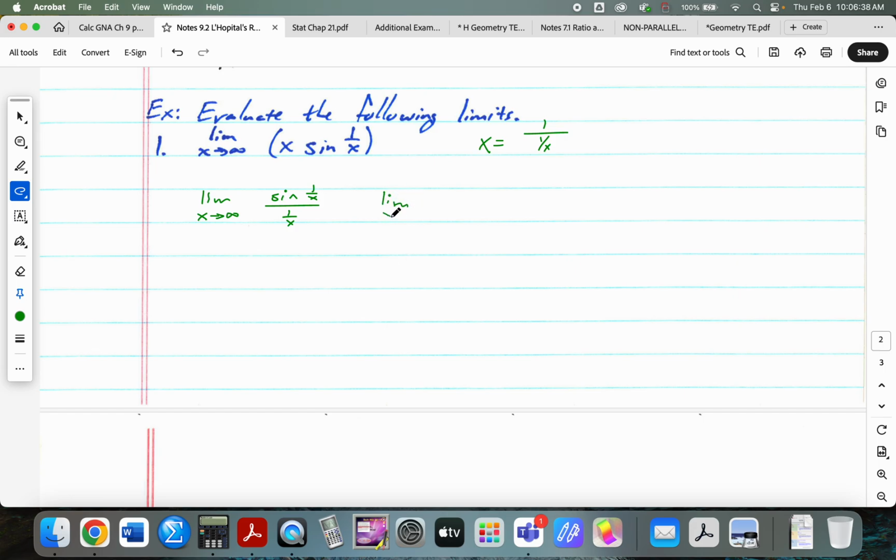So the limit as x goes to infinity of sine of 1 over x, we've already discussed that, that's 0. And the limit as x goes to infinity of 1 over x is also 0.